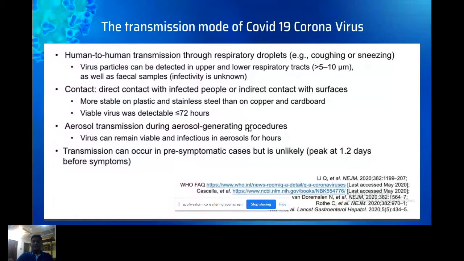I just wanted to mention here, as we are talking about dental practice and COVID-19, when you are treating a patient there is aerosol generation. I'm going to speak about this in detail, but at this juncture, when you generate aerosol in your dental operatory, this aerosol with respiratory droplets will remain there.